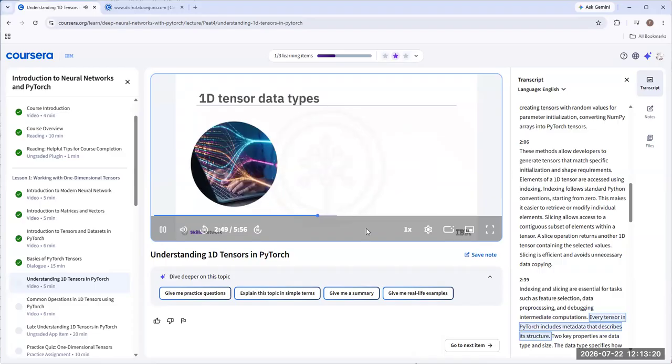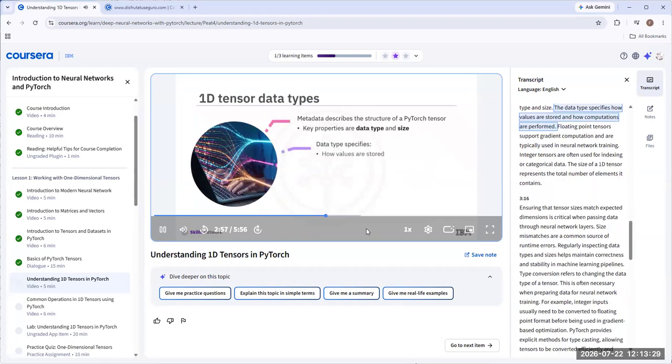Every tensor in PyTorch includes metadata that describes its structure. Two key properties are data type and size. The data type specifies how values are stored and how computations are performed. Floating point tensors support gradient computation and are typically used in neural network training. Integer tensors are often used for indexing or categorical data.